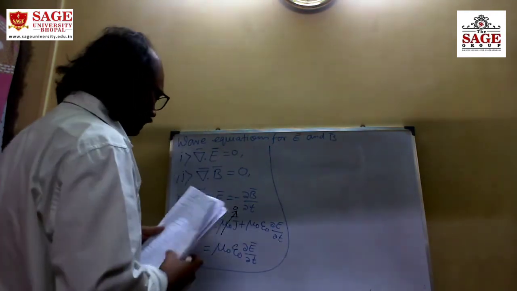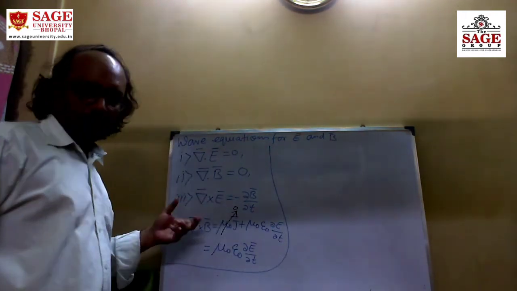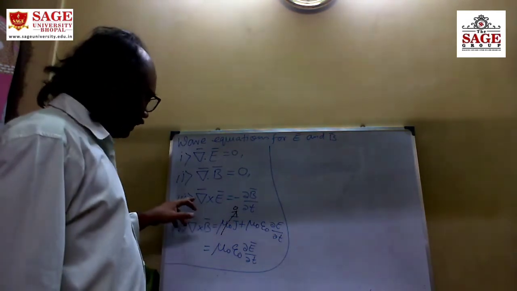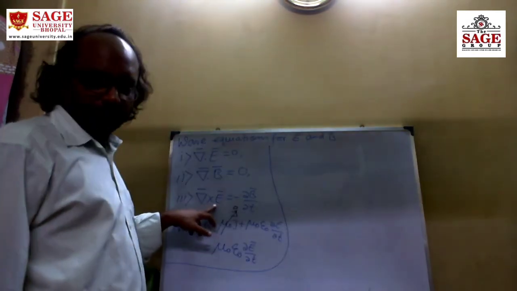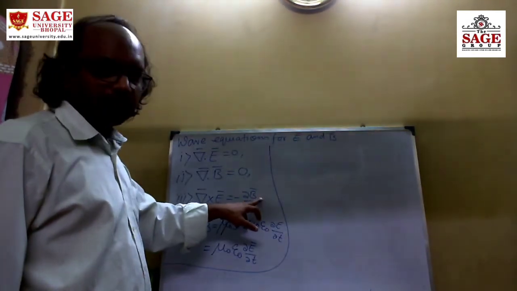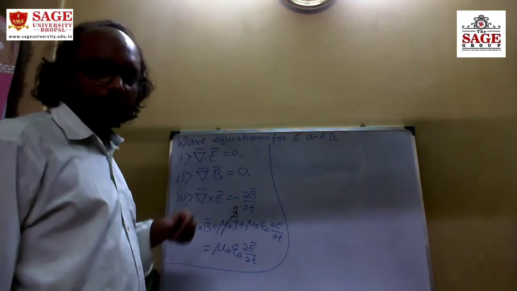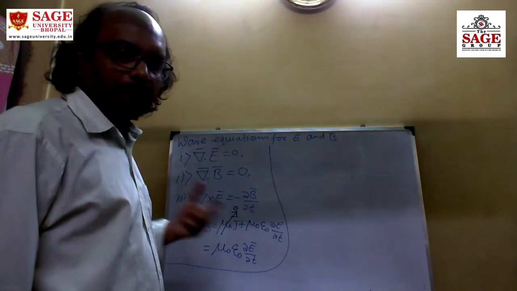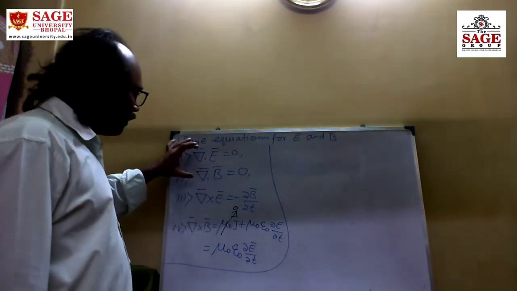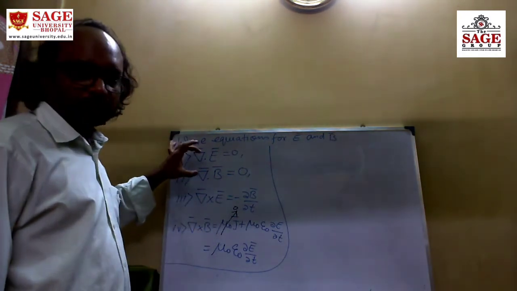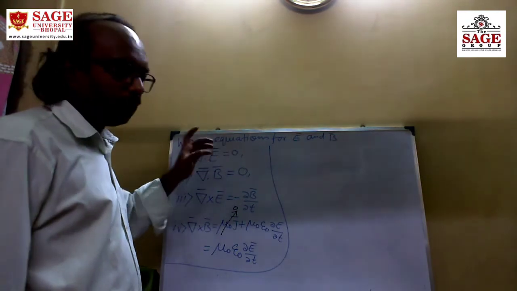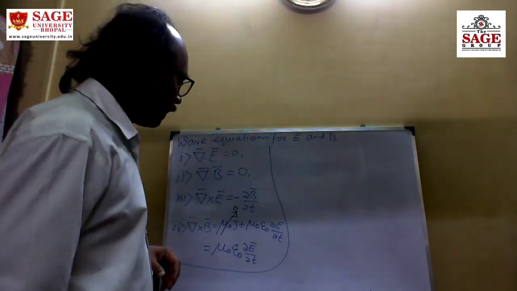Now you see the third and fourth equations are coupled. That means both electric and magnetic fields are there. So we are going to decouple them using a vector identity and incorporating these first two equations, which are del dot E equals 0 and del dot B equals 0.